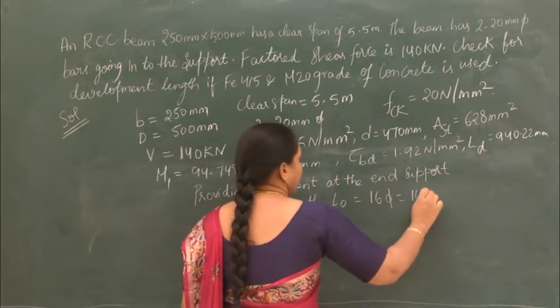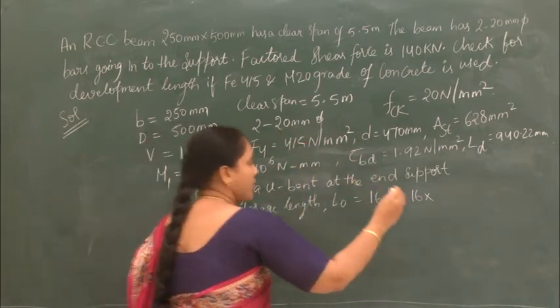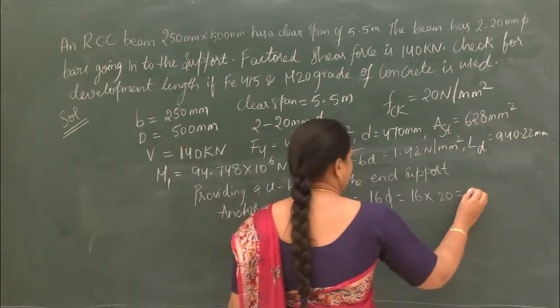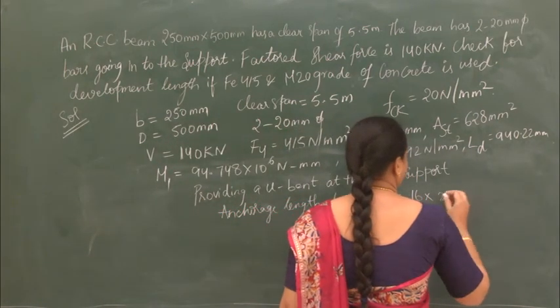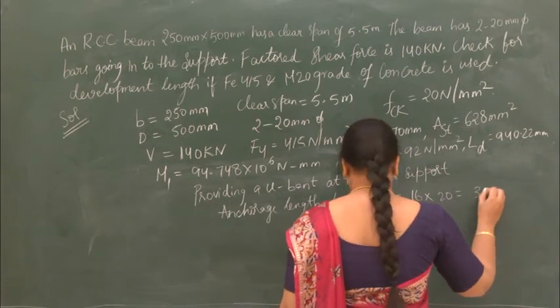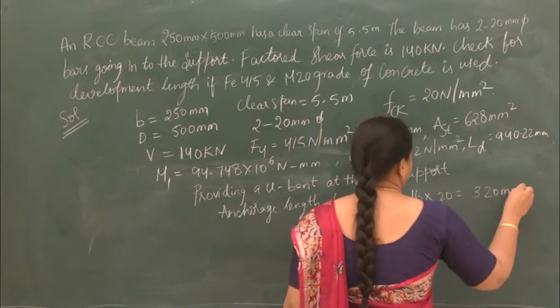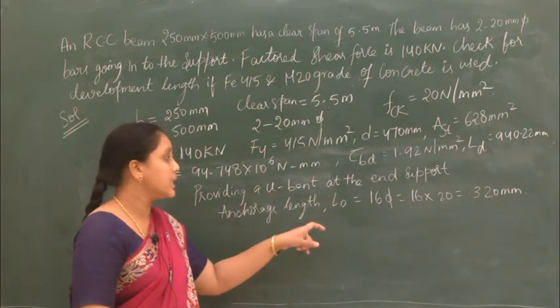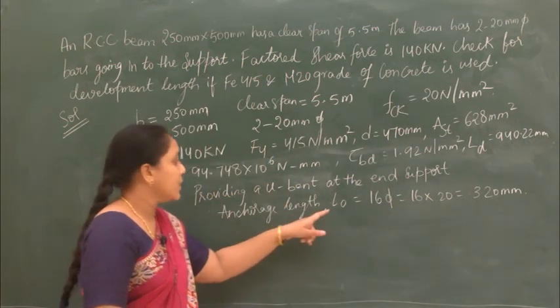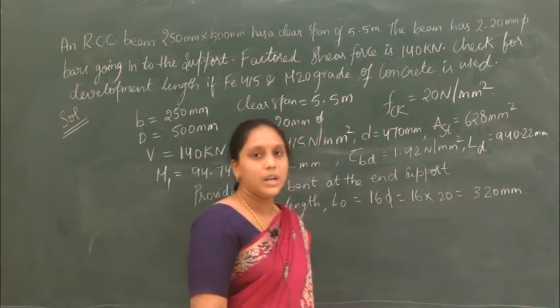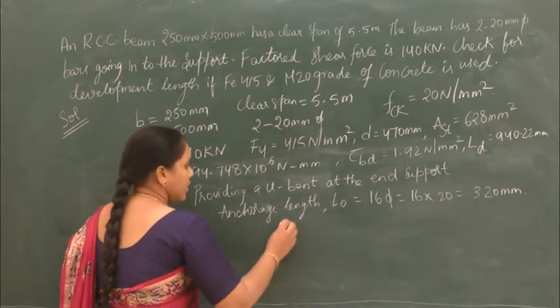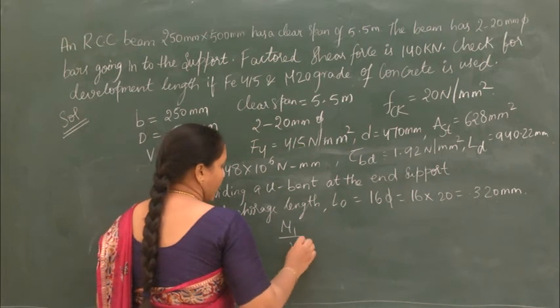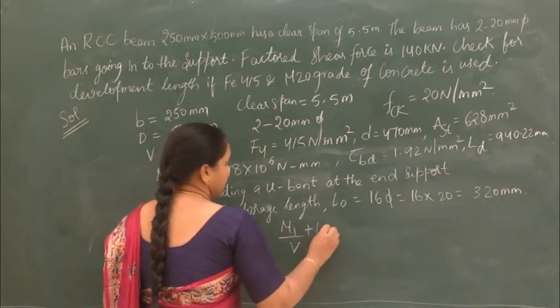So 16 into the diameter of the bar, which is 20, will give you 320. Now I have increased the anchorage length, that is L0 is 320 mm. So again calculate M1 by V plus L0.